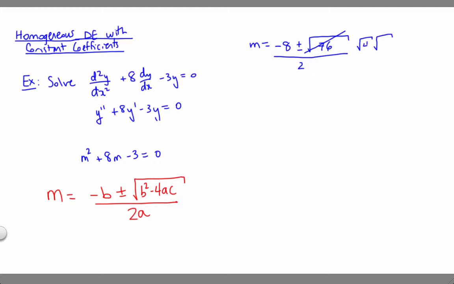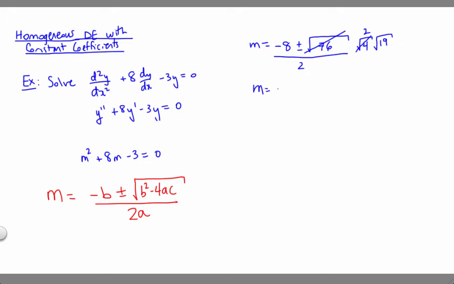So 4 divides perfectly into 76. 76 is 4 times 19. So we could rewrite that root 76 as root 4 times root 19, and then taking that a little bit further, that root 4 is the same thing as 2. So we're actually able to rewrite that root 76 as 2 root 19.